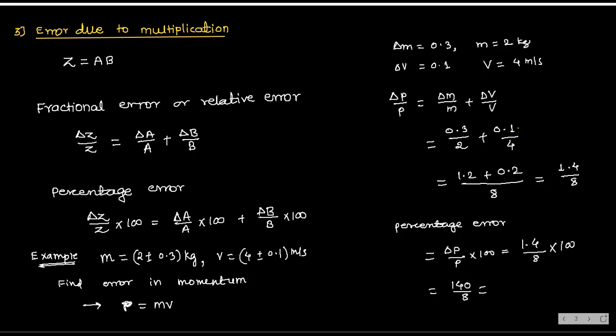Do it yourself. 17.5. Yes. Check, 17.5%. Understand? This is multiplication.